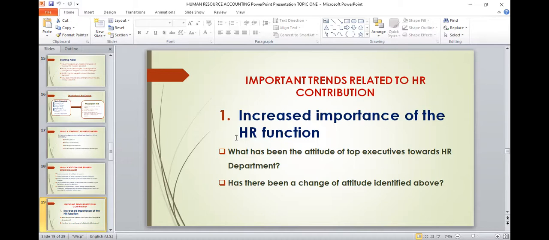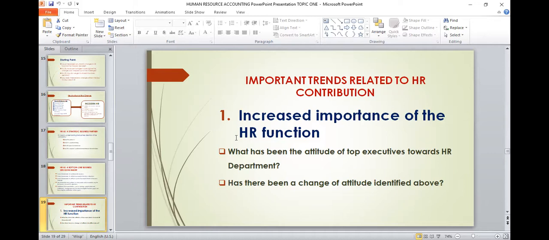It was regarded as a bureaucratic center, a center that had nothing to contribute to the overall goal or performance of the organization. But as we speak, all the top managers and the executives and the CEOs are all agreeing that HR has got a role to play. And so there has been an increase in the importance of the HR function.